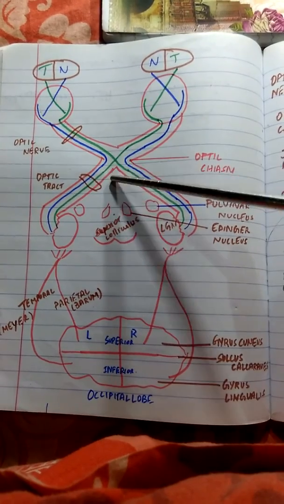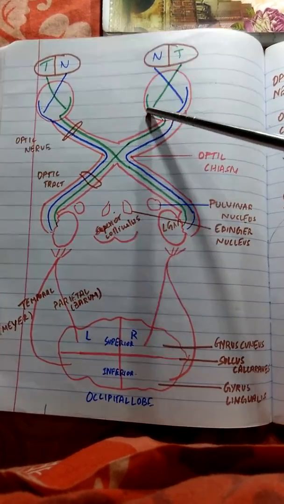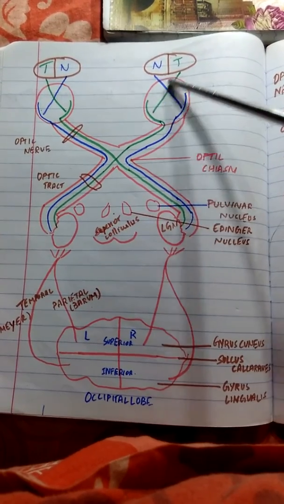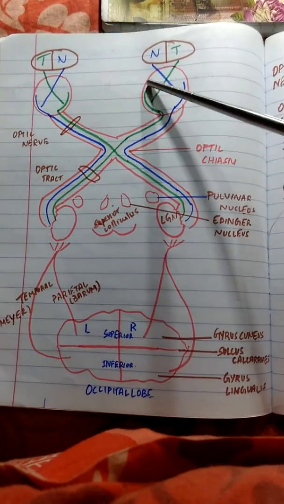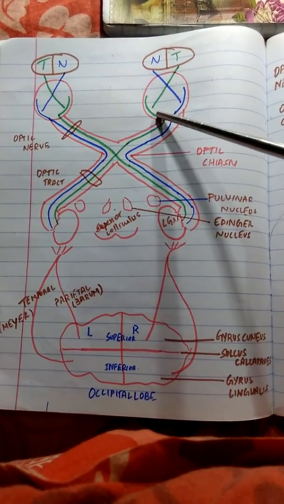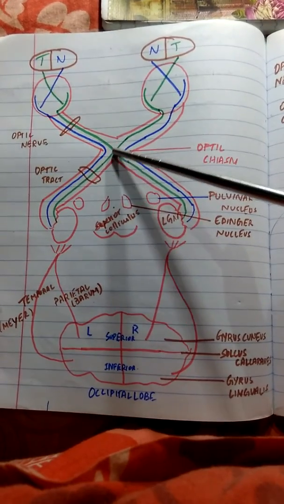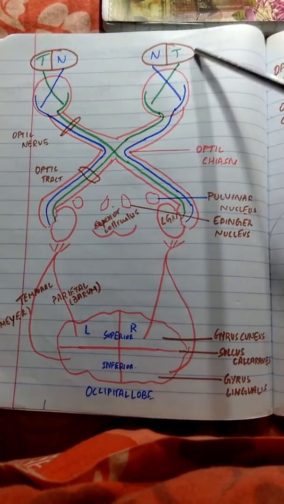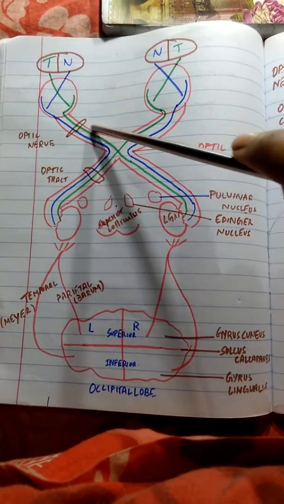When the nasal fibers are affected, this green one, we cannot see the temporal side of the visual field. So we cannot see the temporal side of both eyes because the nasal fibers are affected.